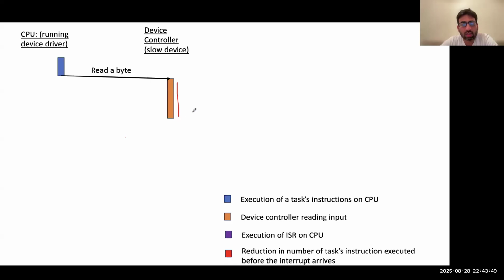Let's take the example of the disk controller. Let's say it wants to read only one byte, and it takes this amount of time for the disk controller to read a single byte from the disk.